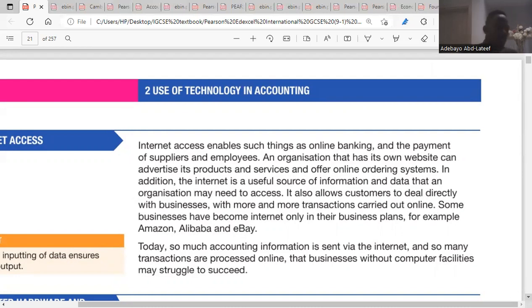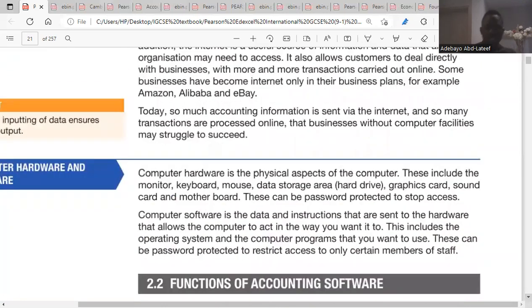The second one, computer hardware and software. When we talk about hardware, we're talking about the features of a computer, the physical aspect of the computer: the keyboard, the mouse, the monitor, the screen. Then we have the software. Those are the data, the information that you input to carry out the function by the hardware.